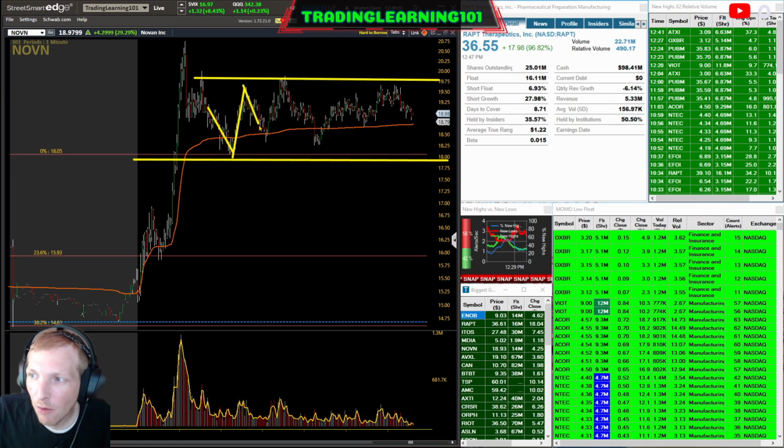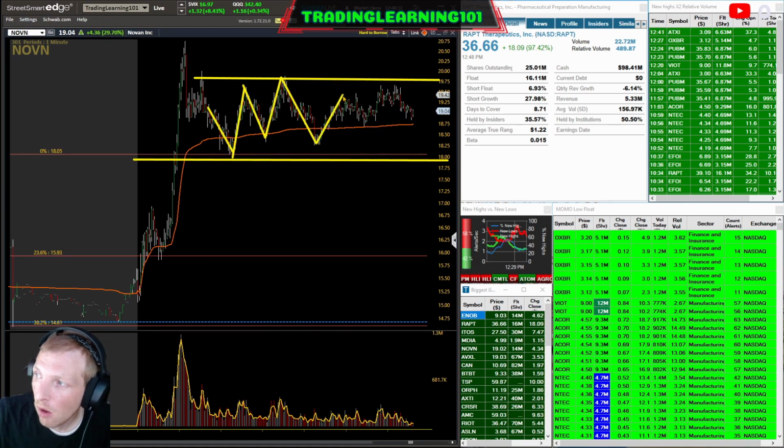Right back down, bounced right off the VWAP. Right back on up. Comes back on down, comes through the VWAP. It does violate it, but you got your risk below 18. You're not getting freaked out. From 18.25, get in, all the way back up to 19.50.